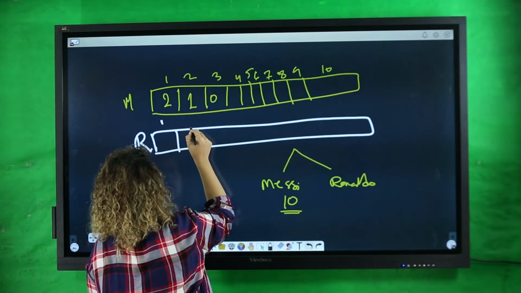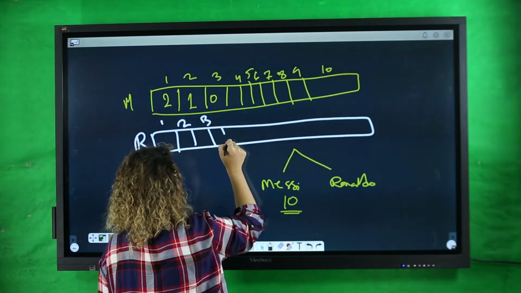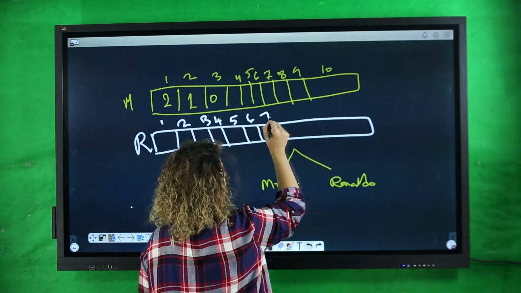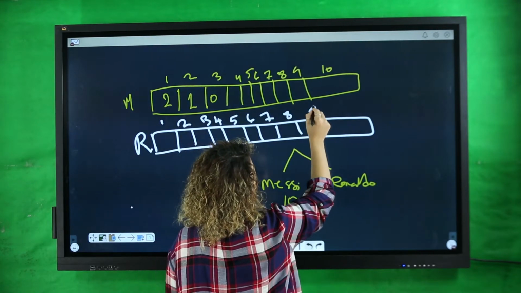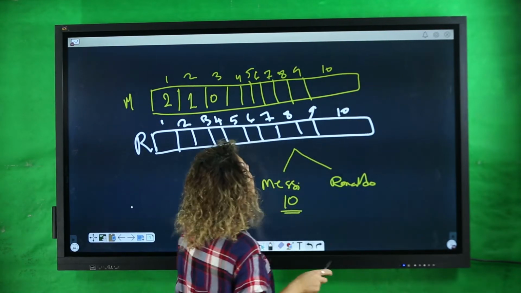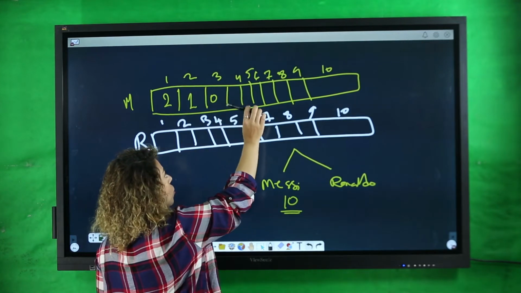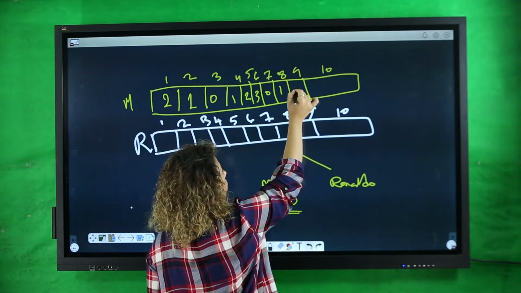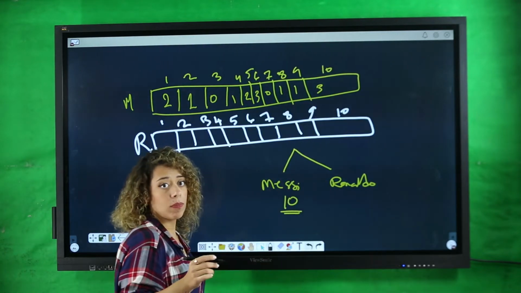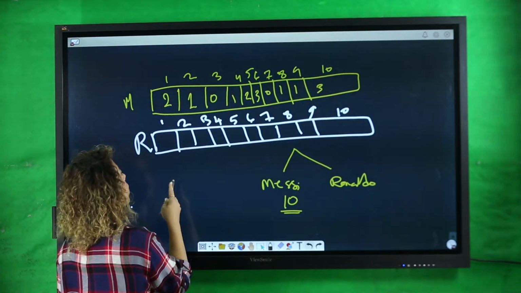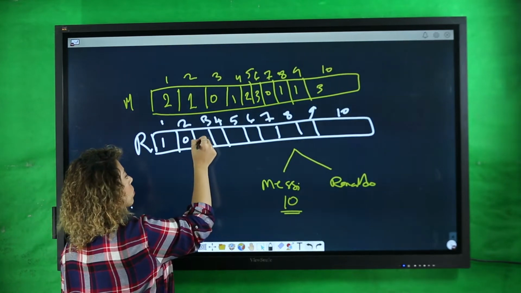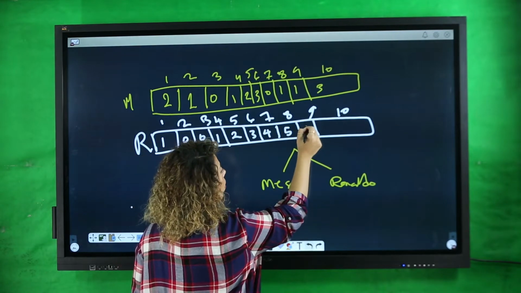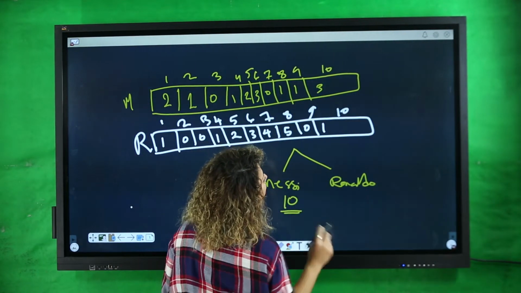Same here for Ronaldo. So the third match, as we said, he scored 0, then 1, 2, 3, 0, 1, 1, 3. And for Ronaldo, he scored 1, 0, 0, 1, 2, 3, 4, 5, 0, 1, and that's it.